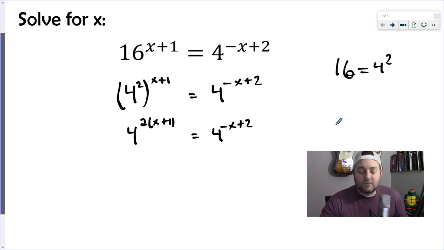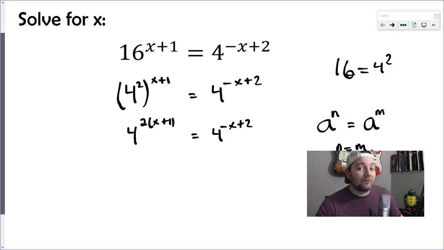I don't know if this has a particular name, but it's one that I reference all the time when I'm doing this in class with my students, which is that if I have some base a with an exponent n, and I have another base which is also a, so they're common bases, they have the same letter or the same number, and it has a different exponent, m, then no matter what is in for n and m, what variables, what x's, they must be equal. There's no way around it. These exponents, even though I said they're different, they're not.